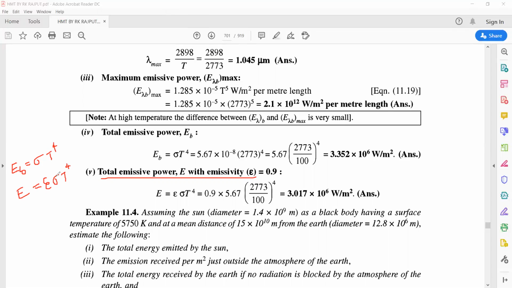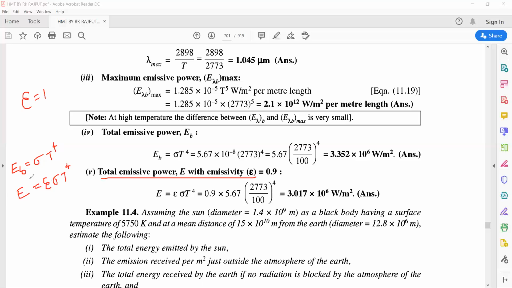Okay, so in this equation, if you put epsilon equal to 1, then it will be the black body, because we know for the black body the emissivity is always equal to 1. I repeat, for the black body emissivity is equal to 1, so therefore the emissive power is equal to sigma T to the power 4.